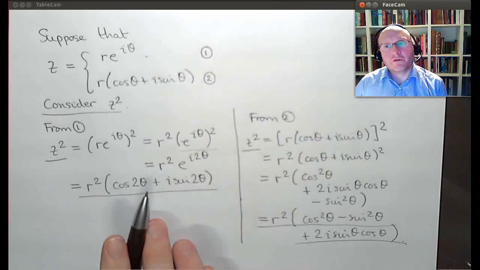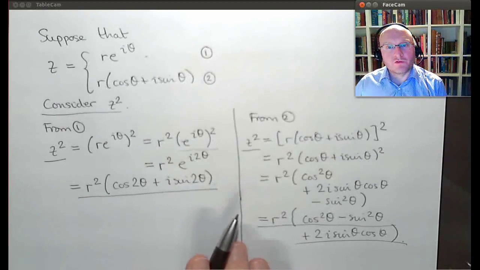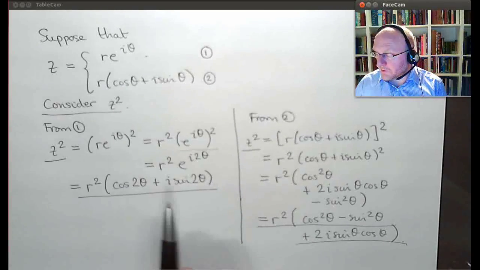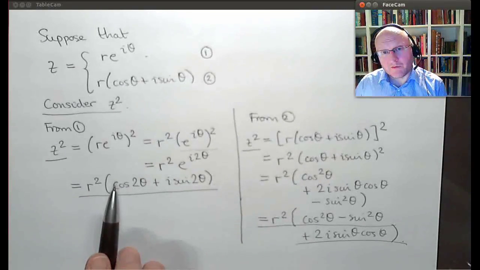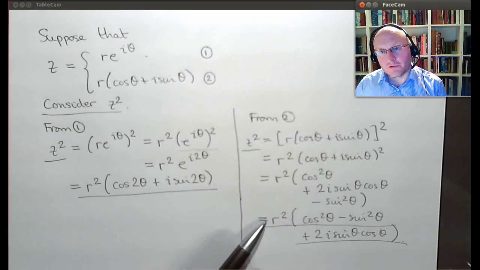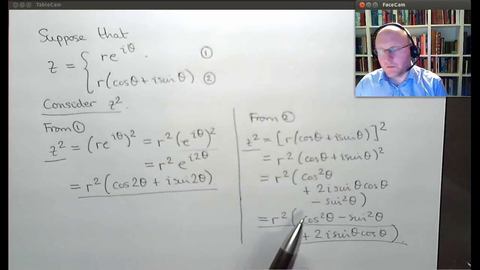So we've deduced two different expressions here for z squared, which means that these two expressions must be equal. So let's put these equal to each other, and the first thing you'll notice that we can do is to cancel the r squared on both sides, which leaves us with the trig parts being equal.